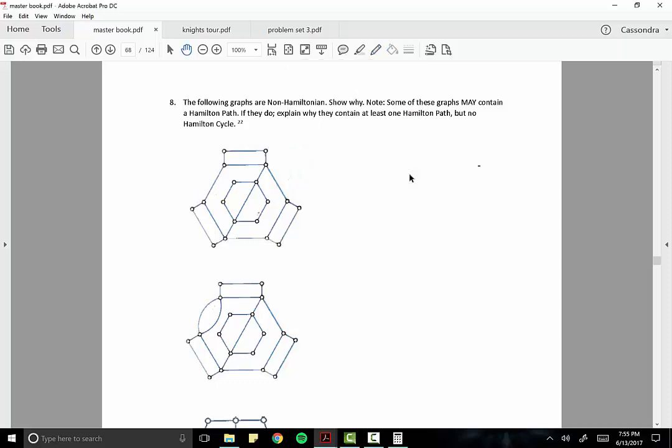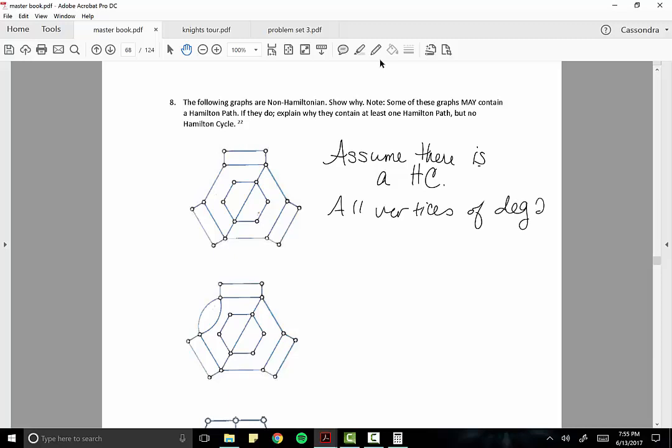The first step in these is to assume there is a Hamilton cycle. That means all vertices of degree 2 have to be in this cycle.